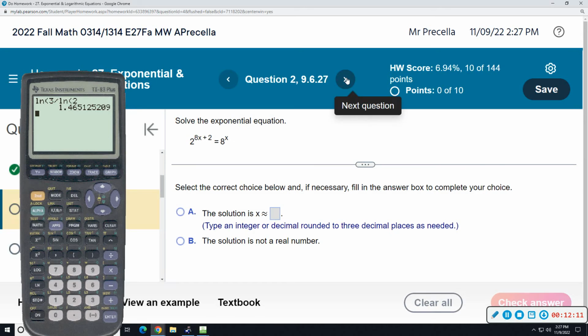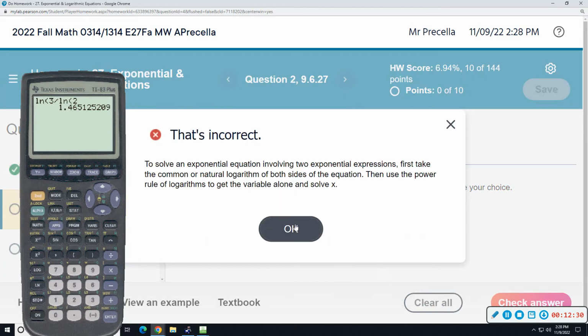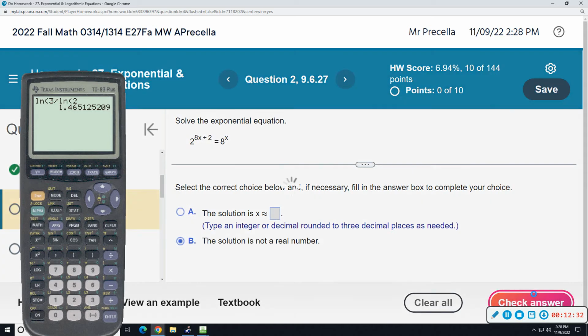Problem number 2. Oh, wow. You know what? Don't write that one down. I don't really want to do that one because you could do it with a common base.